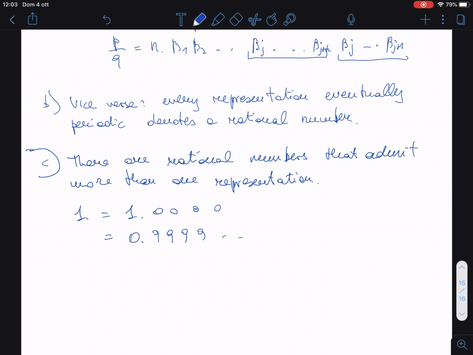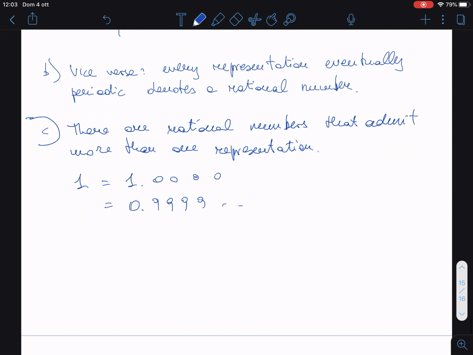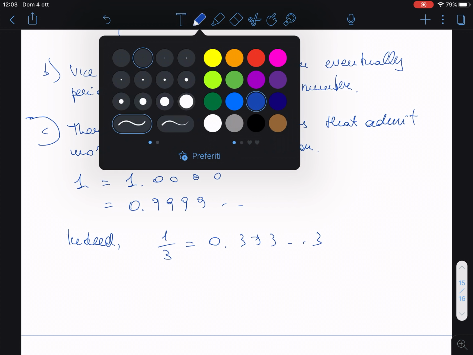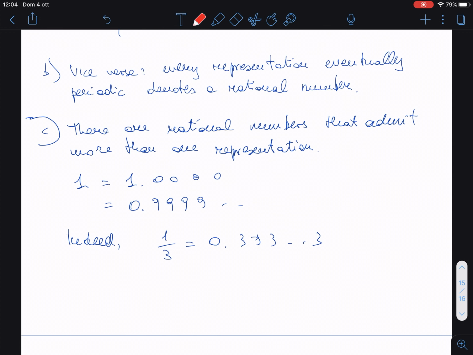This is a surprise a priori, but it is very easy to prove, because if you consider the fraction 1/3, it is 0.3333, everybody knows. Then multiply both sides by 3. And here you have 1 is equal to 0.999, and so on and so on. Very easy, very stupid.